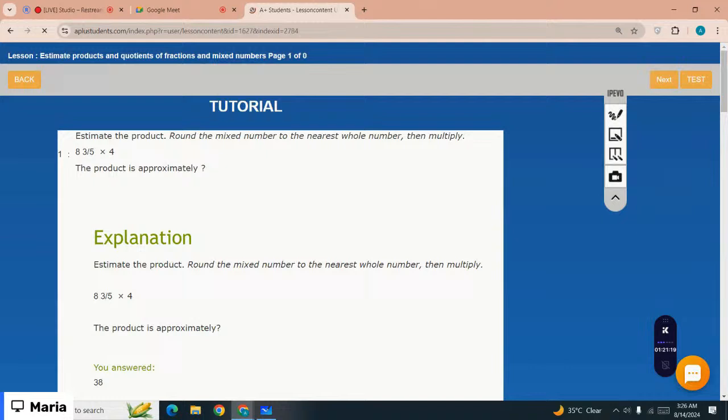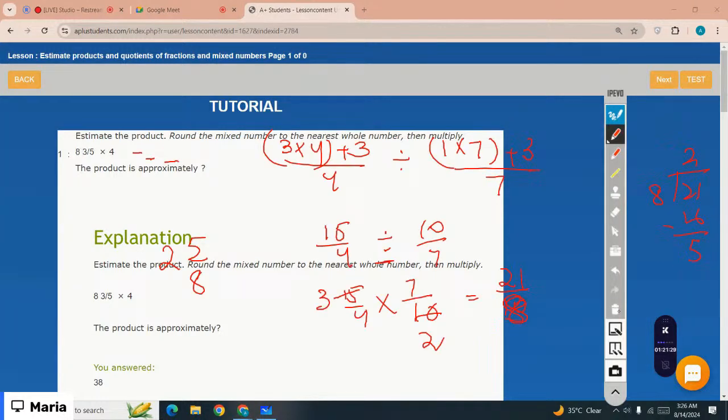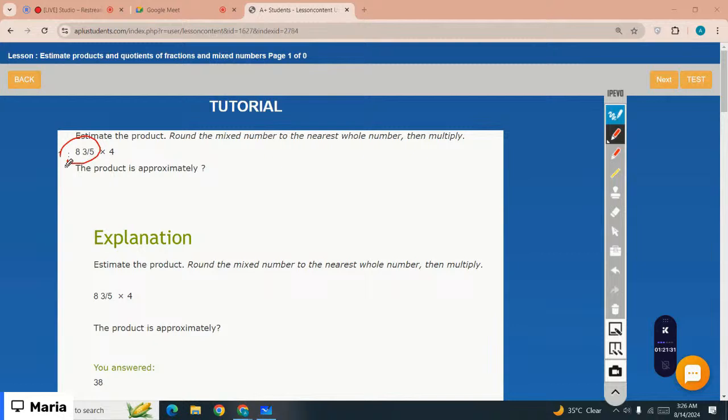The first example is estimate the product: round the mixed number to the nearest whole number and then multiply. The mixed number is 8 whole 3 over 5. Earlier we have covered the lessons to round the mixed number. Let's just recall that. You have to look at the fractional part, 3 over 5, and compare it to 1 over 2.